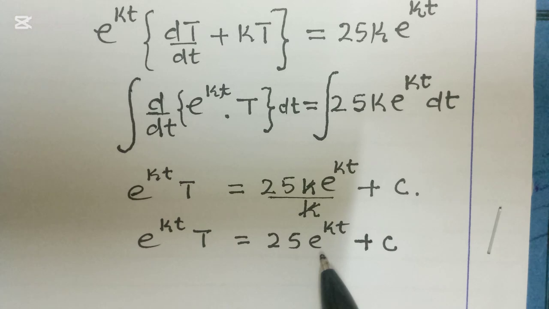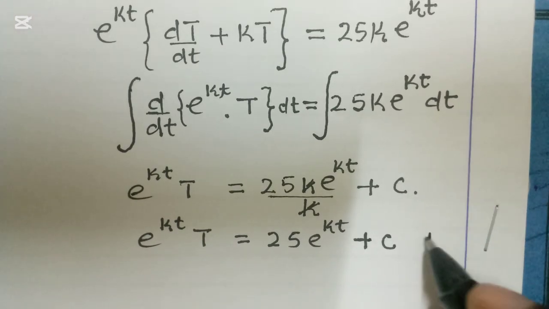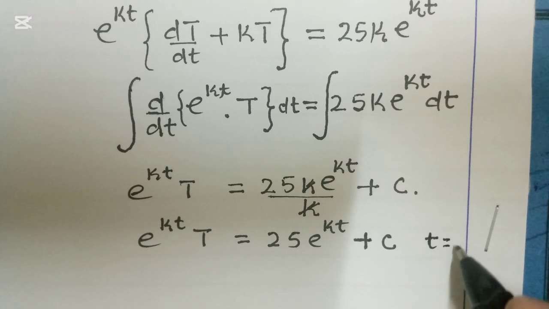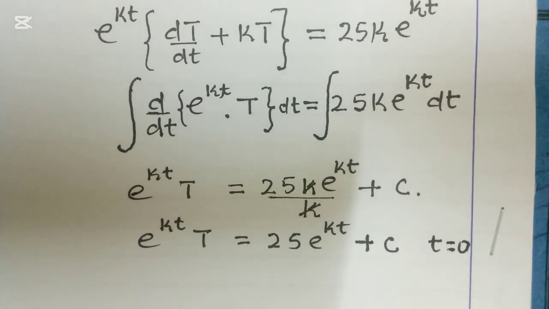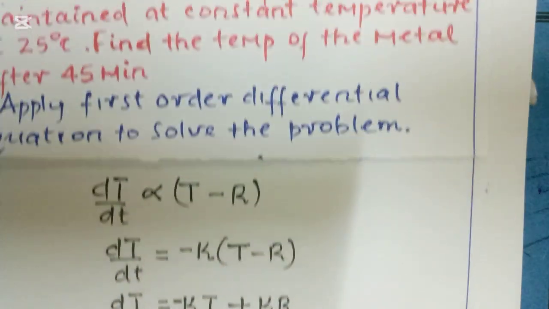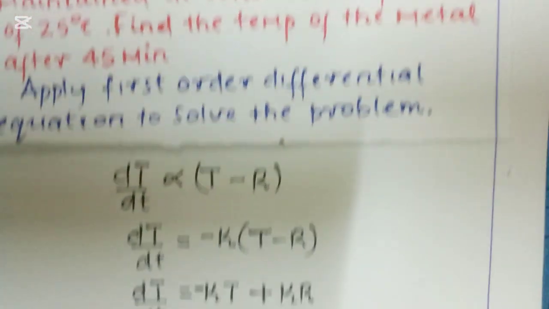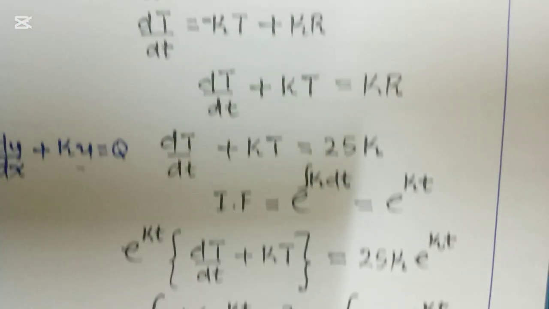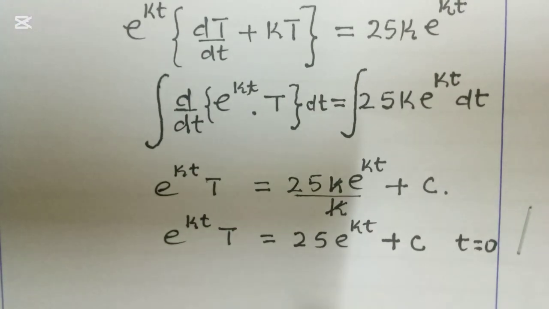So for us, if we say now t equals 0, at that time our temperature is supposed to be 235. That is 235. So guys, we can even come and put something like this.